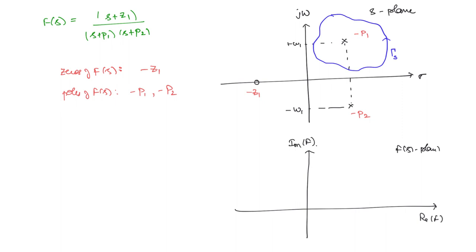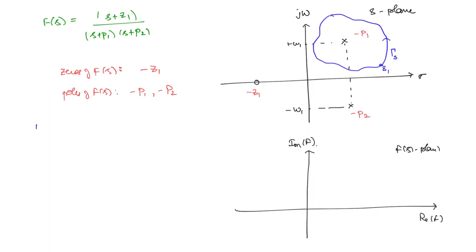Let us say there is a point s1 here. If you substitute s equal to s1 in the function f of s equal to s plus z1 divided by s plus p1 into s plus p2, what will be the corresponding value that you will get in the f of s plane?